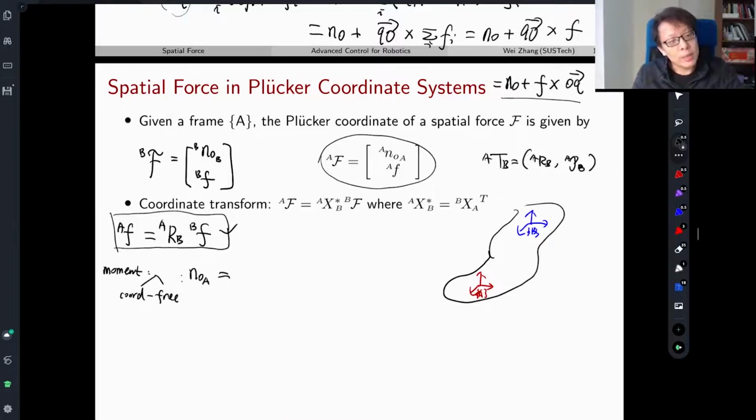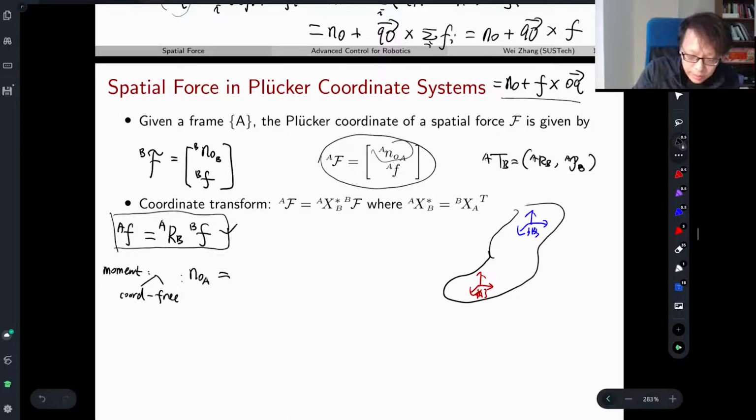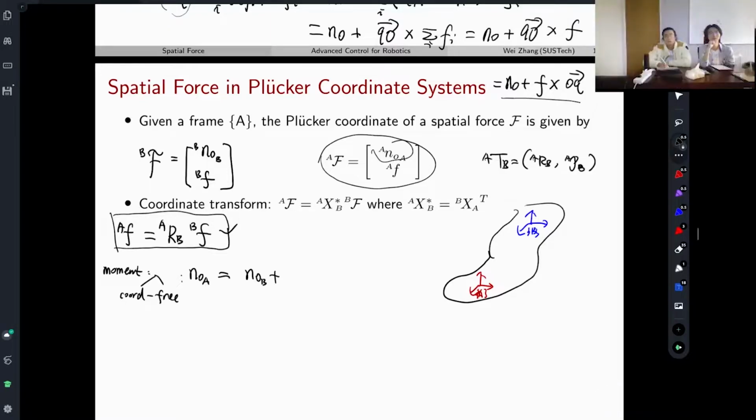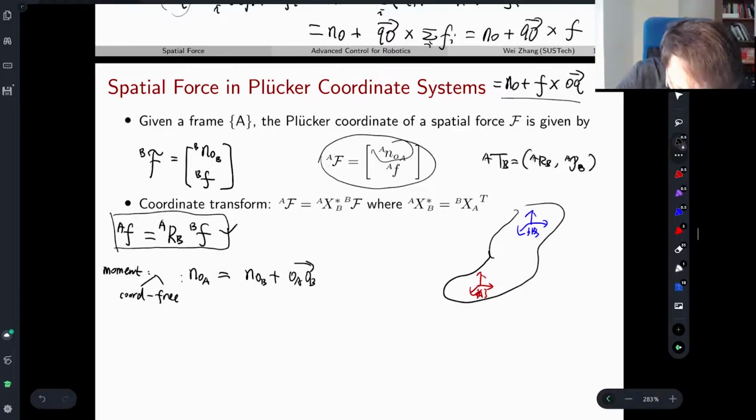I say moment about the origin of A, O_A, that's this guy, equals the moment about O_B plus P_AB cross F, from O_A to O_B.